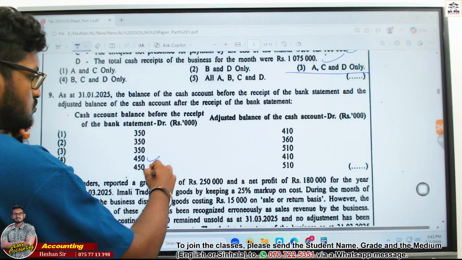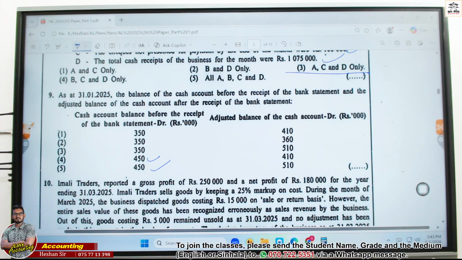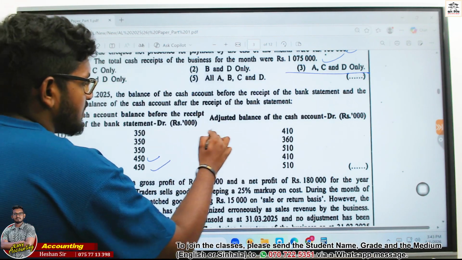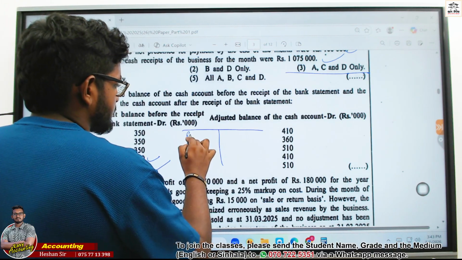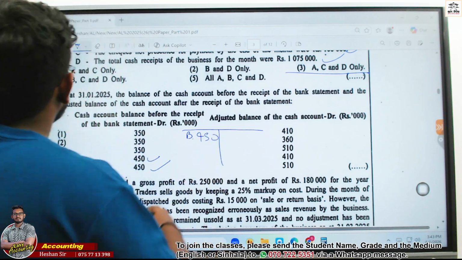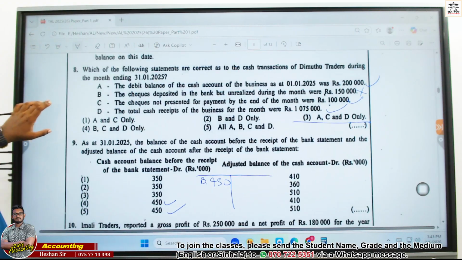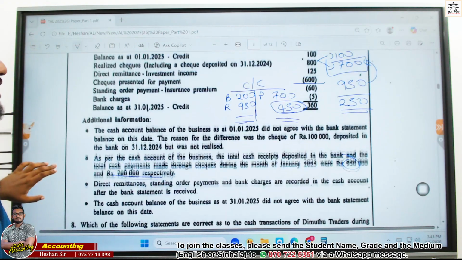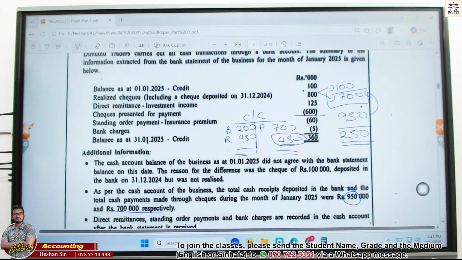Answer these two, right? So let's take the adjusted balance. The initial balance is 450. Let's see, they have unpresented how much? We don't take it. We need direct remittances 125, standing order 60, right? From the bank statement.